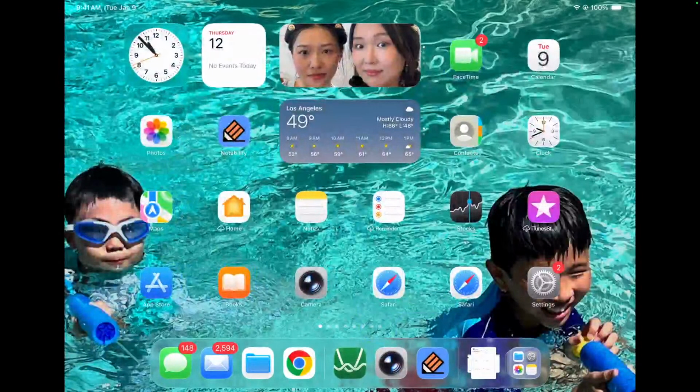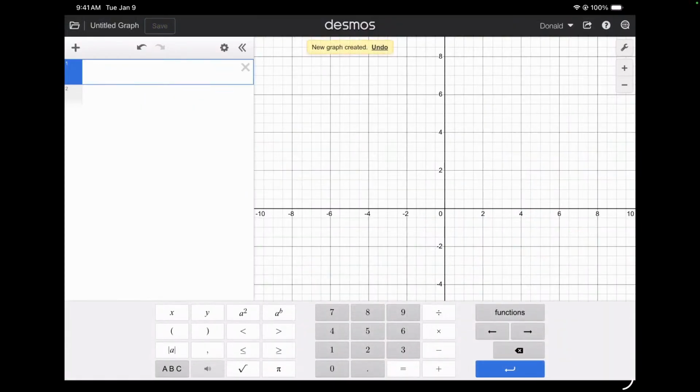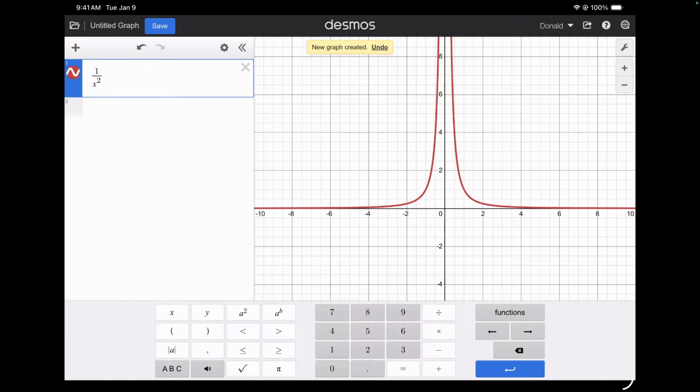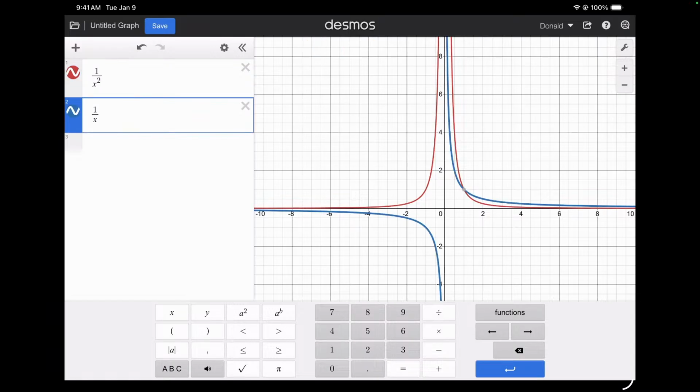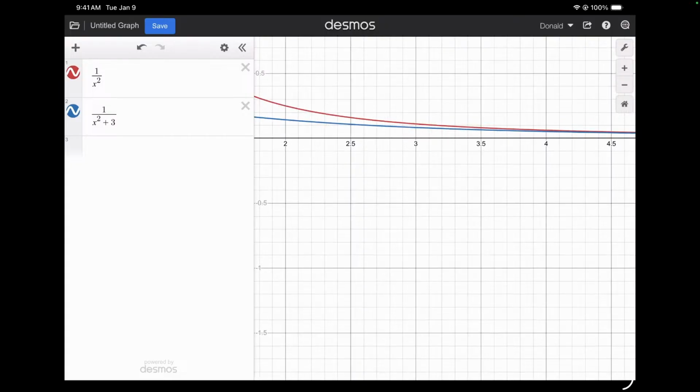And if you want to see it in terms of graphing, this is the graph. 1 over x squared looks like this. 1 over x squared plus 3 looks like this. It's below that all the time. Now, where is the borderline?